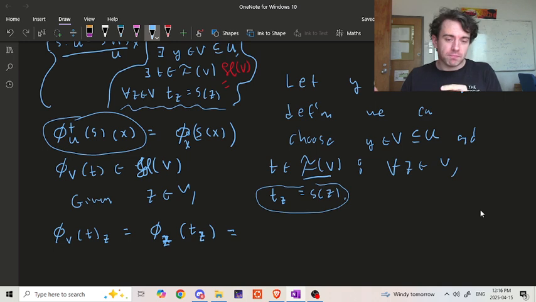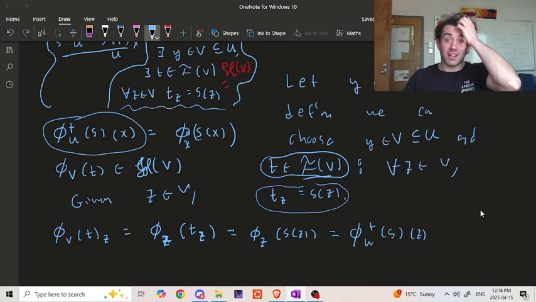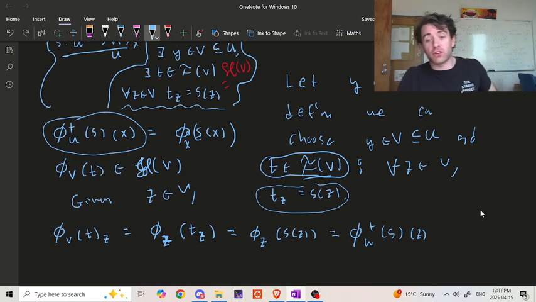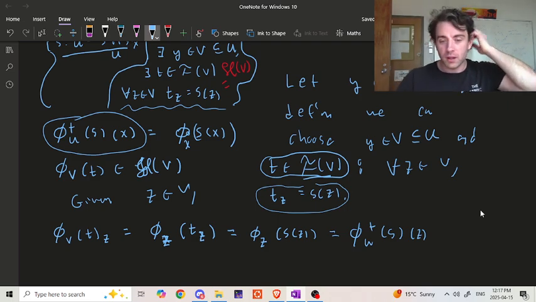But then the germ of t at z is just the value of s at z, since t was the thing that we constructed that agrees with s everywhere. So this is the same thing as phi sub z composed with s of z. But lo and behold, that's exactly our function phi plus U of s evaluated at the point z. And that's exactly what we needed to confirm that this really does lie in H plus of U.